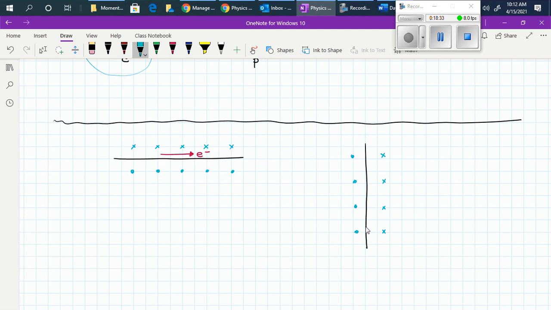Then you will move your fingers in that direction. So on the right of the wire, you will make them go into the page, and on the left out of the page, which tells you that the direction of the electron is the direction of your thumb. And if I'm asking for the direction of the current, the intensity of the current, or the conventional current, or the positive charge, then you will switch it.